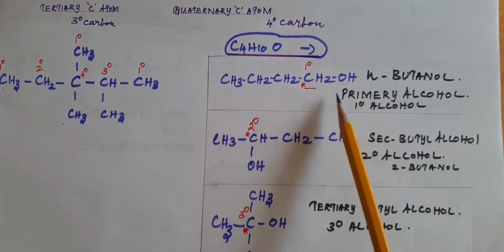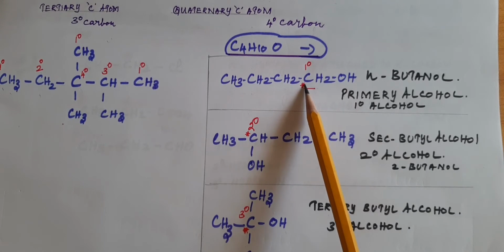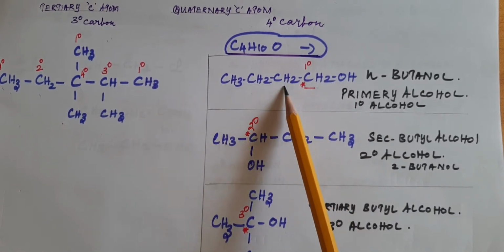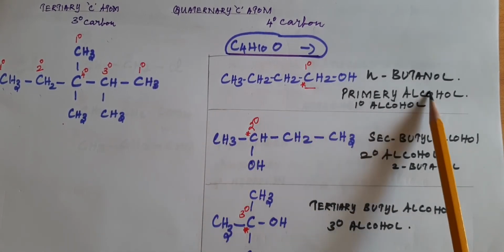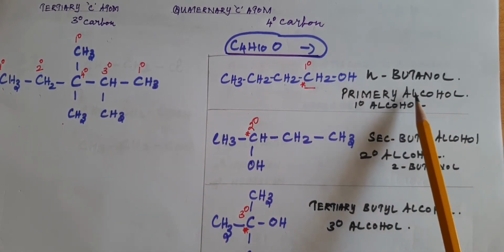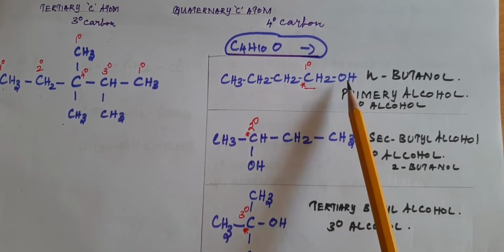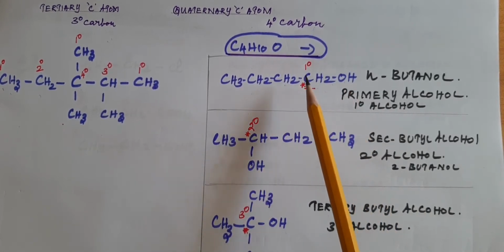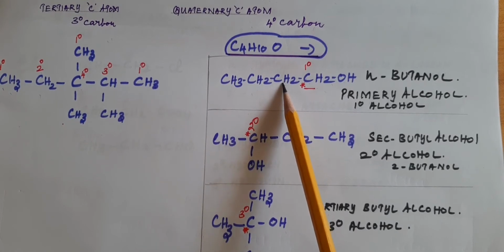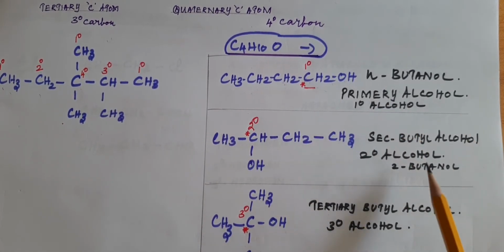Here this OH functional group is attached to this carbon atom, which is attached to only one carbon. So this alcohol, common name n-butanol, is a primary alcohol or 1 degree alcohol.